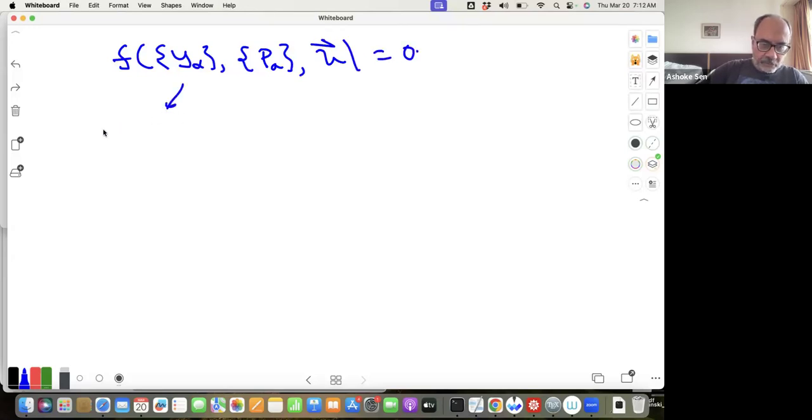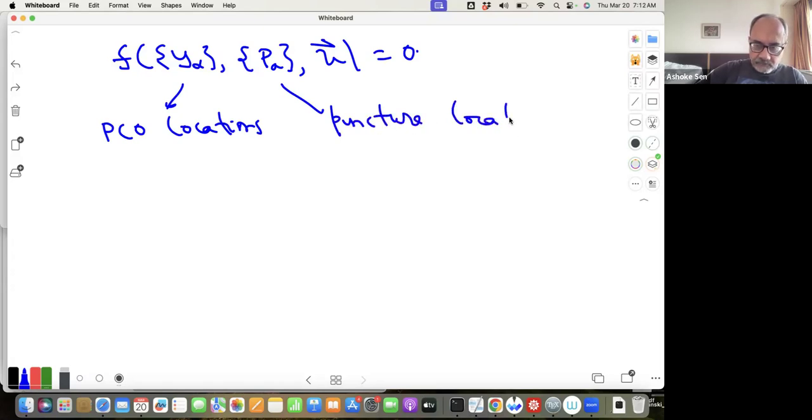Where these are the PCO locations, these are the function locations, and these are the moduli. And f is some known function.